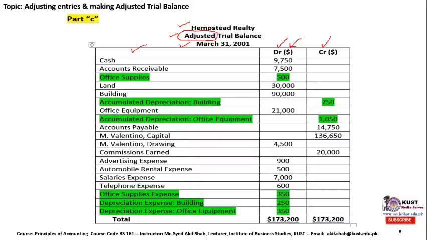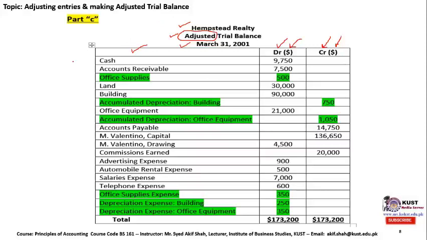Similarly, the last column is for the credit entries or credit accounts along with the dollar signs, which represent the monetary principle, or the money currency or denomination we are using in this numerical illustration.